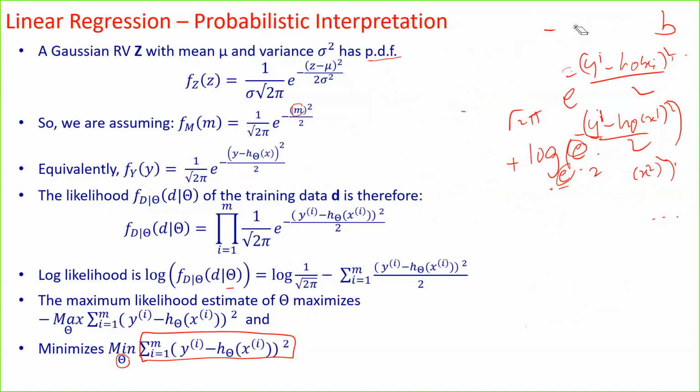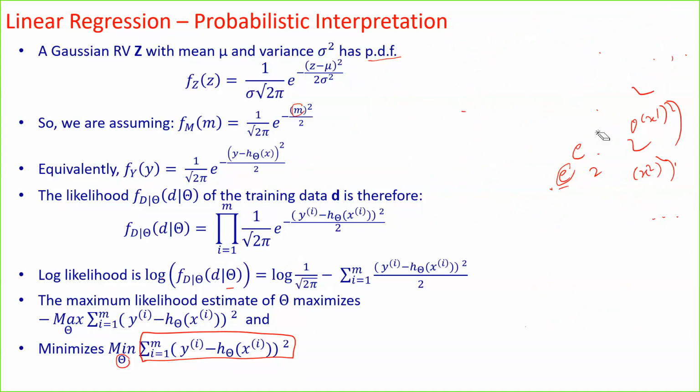So why is this probabilistic interpretation important? If you really understand it, you will appreciate it very much. We are getting the squared loss based on some assumptions made about the data.